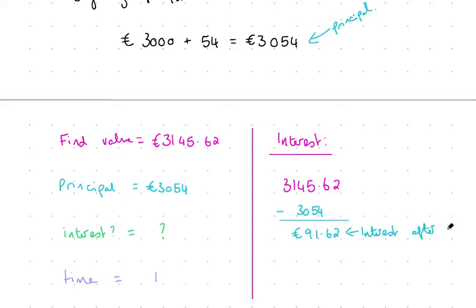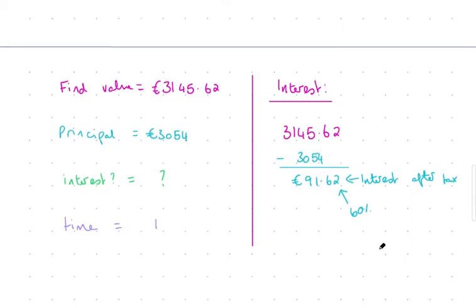after tax. Now if you remember, a nice way of thinking about this is saying that, okay, if tax of 40% was deducted, what is 91.62 as a percentage then, if that's what the value was after tax. So that is 60%, because 40% of the whole value has been taken away. So that's actually 60% of the interest earned.